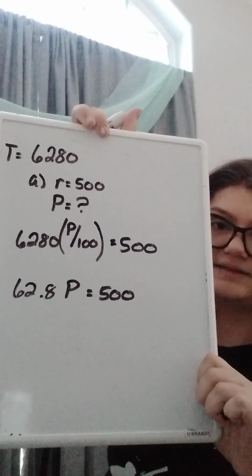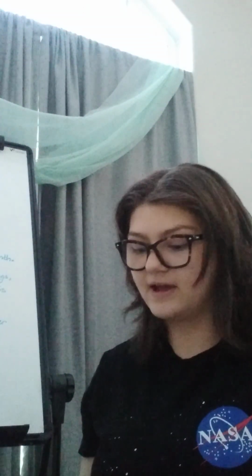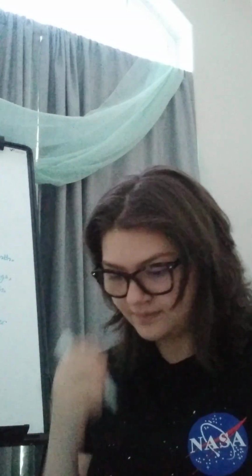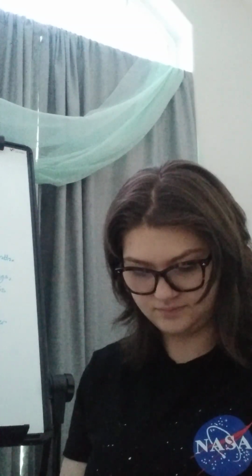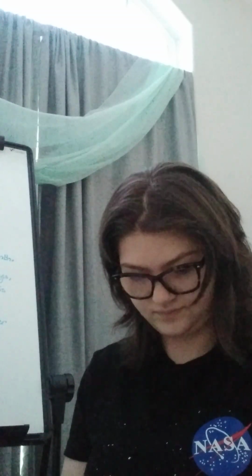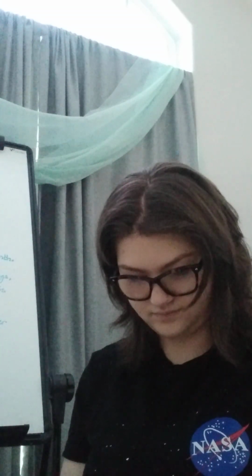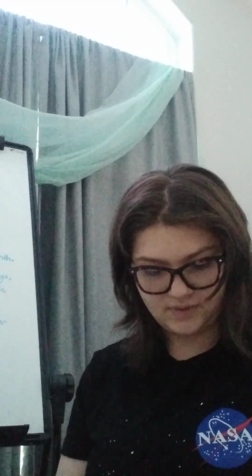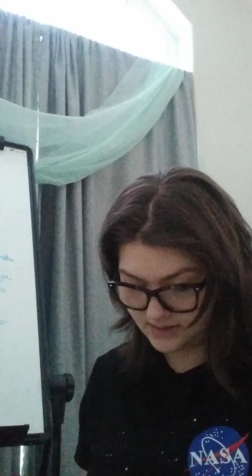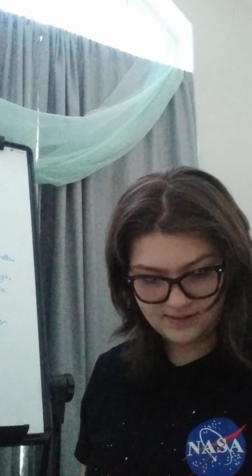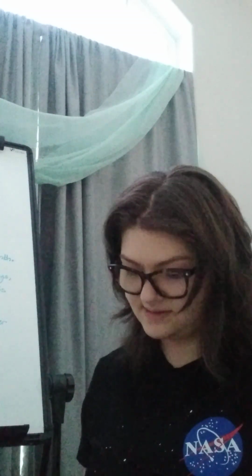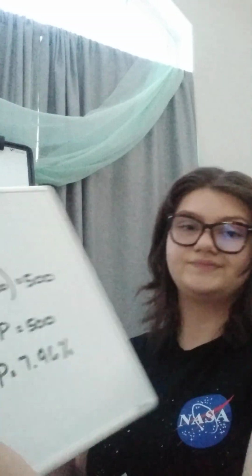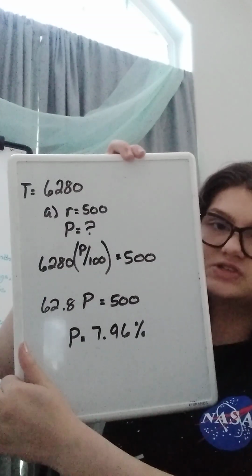Now if I want to isolate P, then I can divide over the 62.8. And if I do that, I get that my percentage, I'll do it to 2 decimal places, is 7.96%. And this array has the percent. So that's one way you can substitute in capital P.